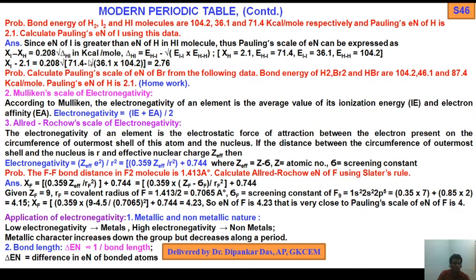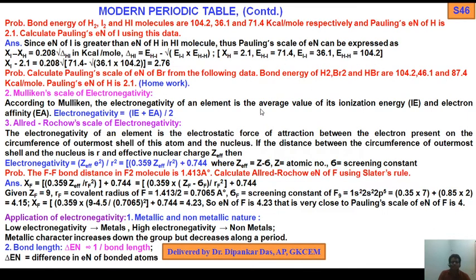Now putting the values in this equation: chi I minus 2.1 equals 0.208 root of 71.4 minus under root 36.1 into 104.2. Here 36.1 is EII, 104.2 is EHH, and 71.4 is EHI.